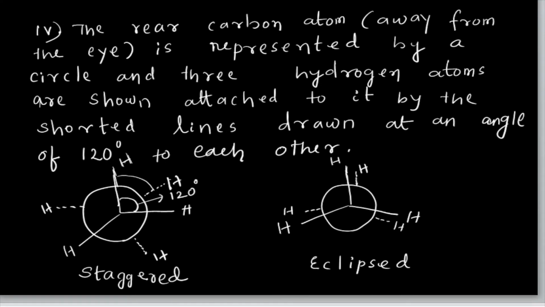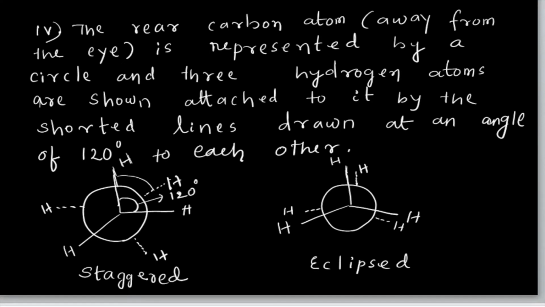That is represented by a circle, because you can see the carbon bonds between them, and that is why it is represented by a circle. You observe from this side, here one hydrogen is attached, the angle is 120 degrees, and here also the angle is 120 degrees. Now the dotted line hydrogen, what happened here?